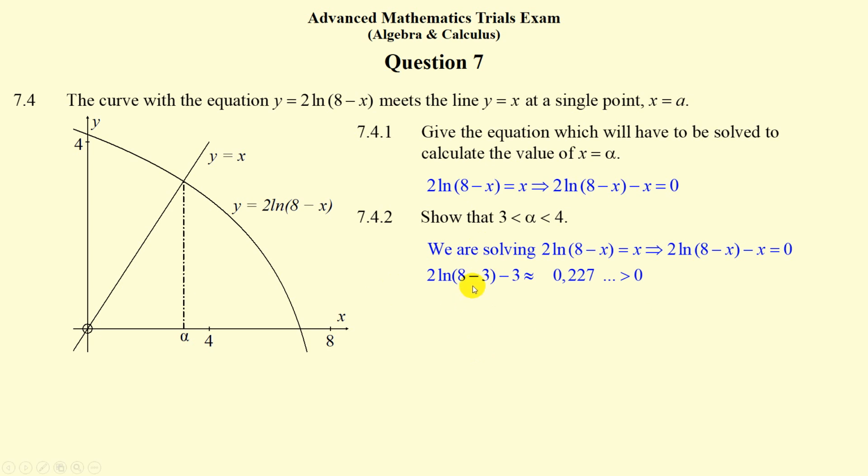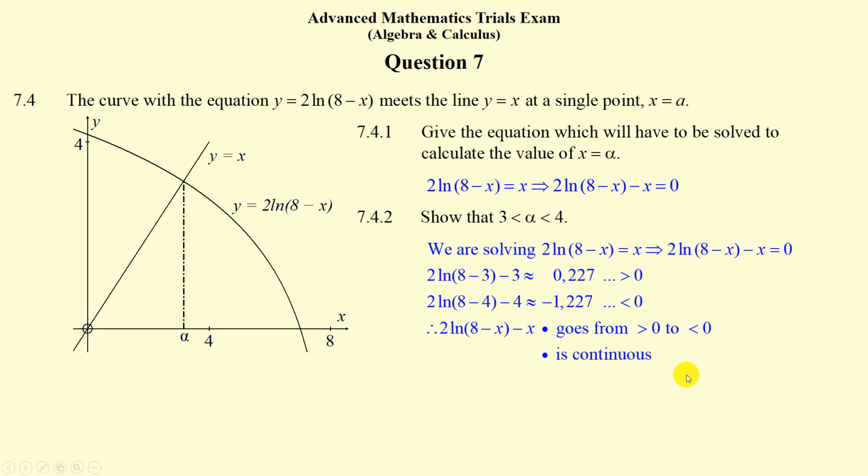So 2 ln of 8 minus 3, minus 3 is equal to 0.227, greater than 0, and at 4 less than 0, and therefore it goes from greater than 0 to less than 0, and it is continuous.